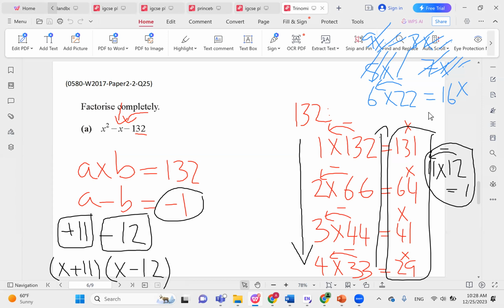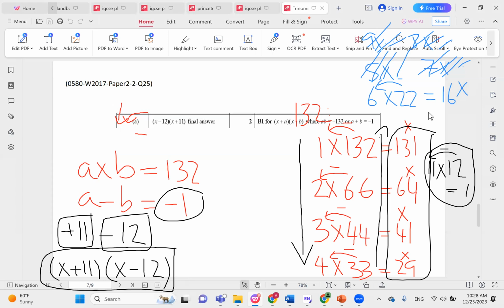So anyway, this here is our final answer, x plus 11 times x minus 12. And from the marking scheme, we can check that it's correct. Of course, if you're wondering if the order of the brackets matters, it doesn't. So x plus 11 times x minus 12 is exactly the same as x minus 12 times x plus 11.